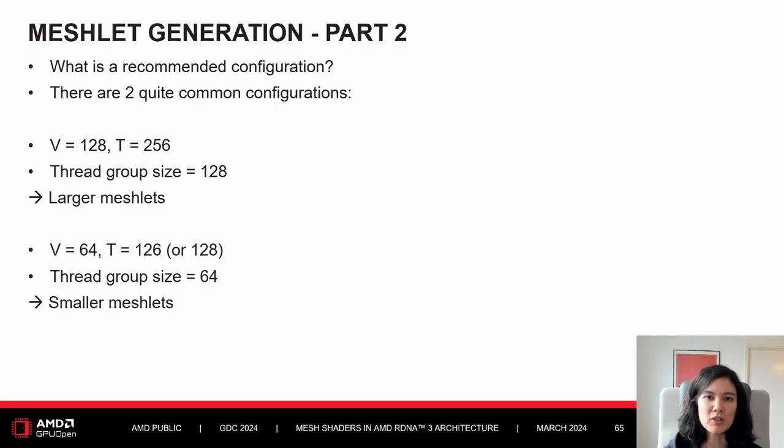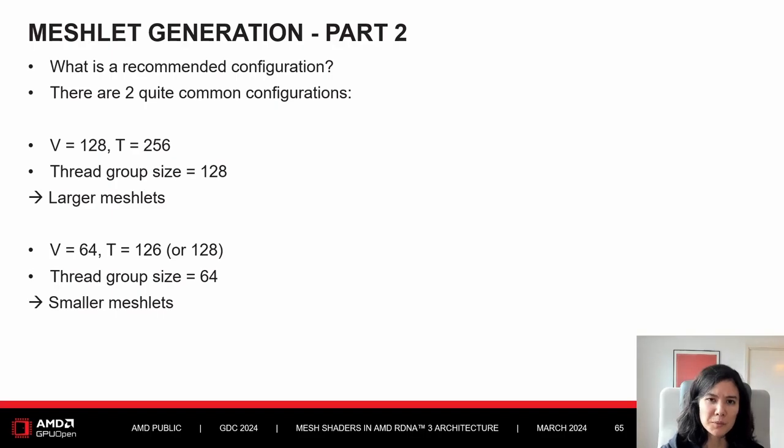The other recommendation is that you have a meshlet with up to 64 vertices and up to 126 primitives. You can also use 128. On AMD it doesn't really matter, but the recommendation will be 126. And the thread group size is 64.